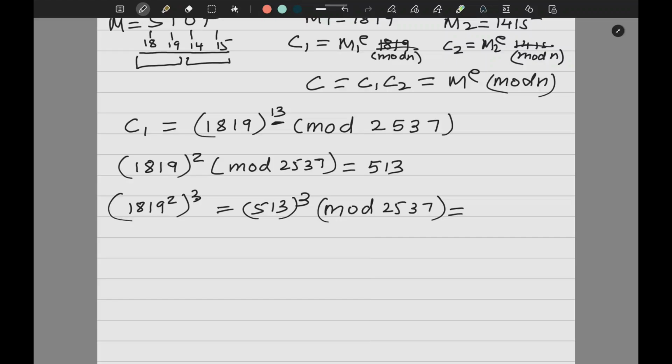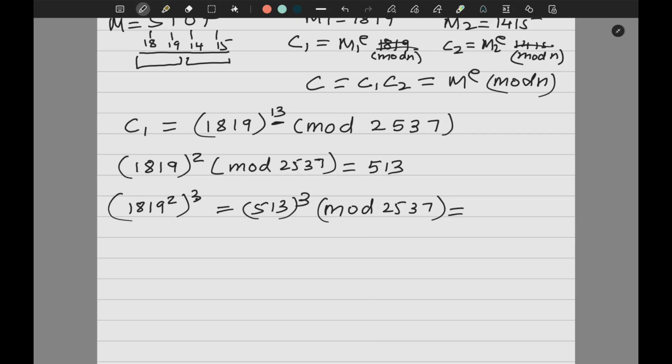So again take out your calculator. 513 x to the power y 3, I am doing. So I got 135005697 divided by 2537. Okay. Now I got a big number, which is 53214.701.